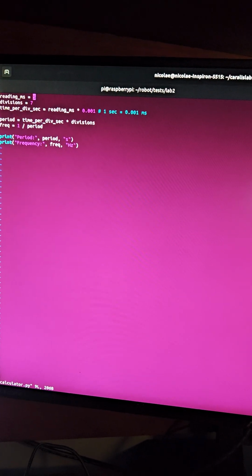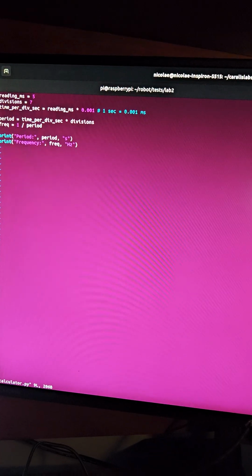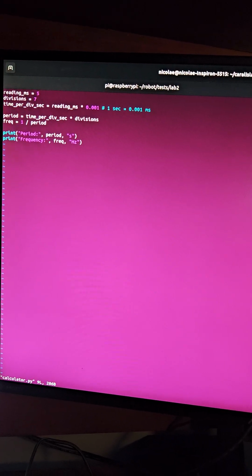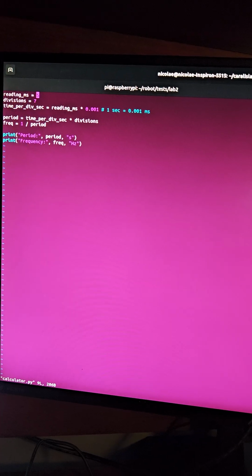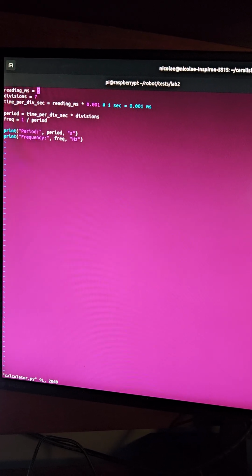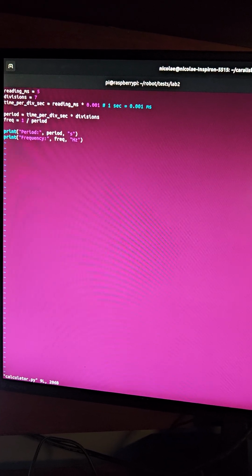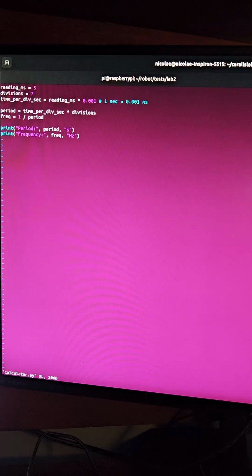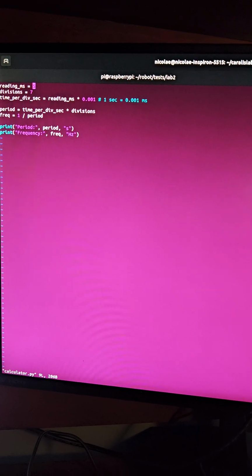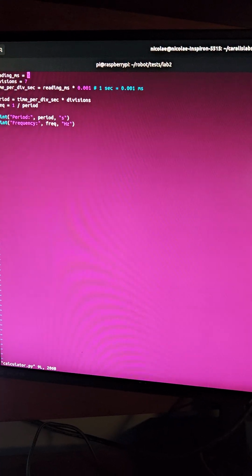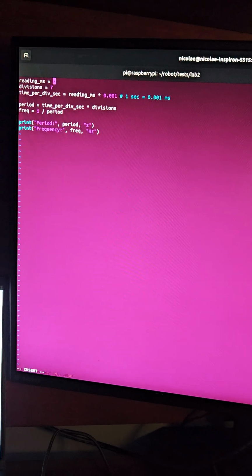Here I have a simple calculator that gives us the frequency. So the period is equal to 2 milliseconds per division, and we have 5 divisions. Let's update this.